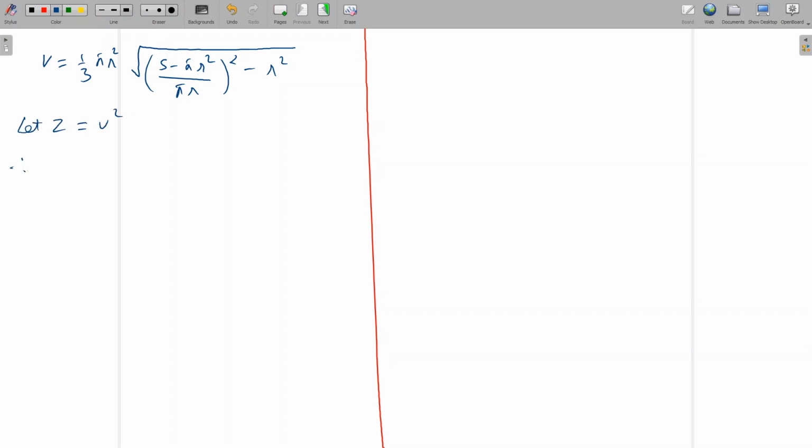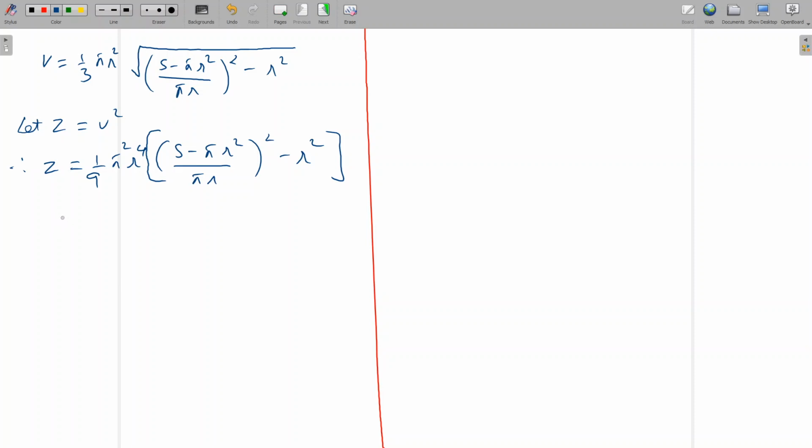Therefore, Z equal to 1 by 9 pi square into R raised to 4, and the square root will disappear and we will be getting here S minus pi R square over pi R whole square minus R square. So this will be our Z.